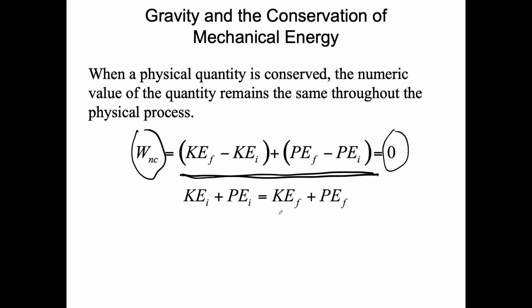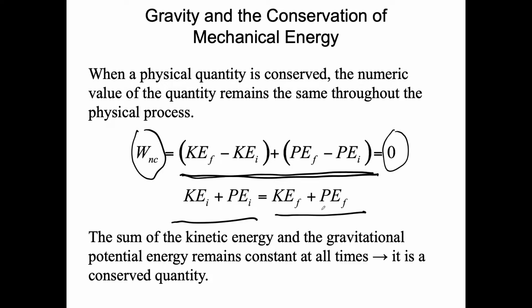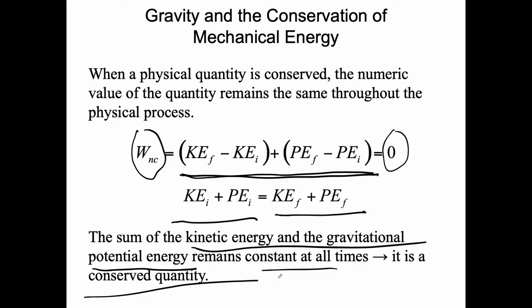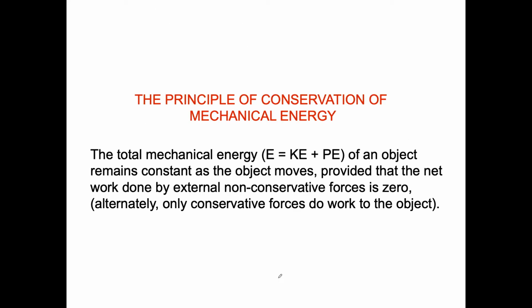Then we put the final energy on one side and the initial energy on the other side. So KE plus PE stays equal always. So KE plus PE is a conserved quantity, a constant for all time. That's why we call it a conserved quantity. So we arrive at conservation of mechanical energy.